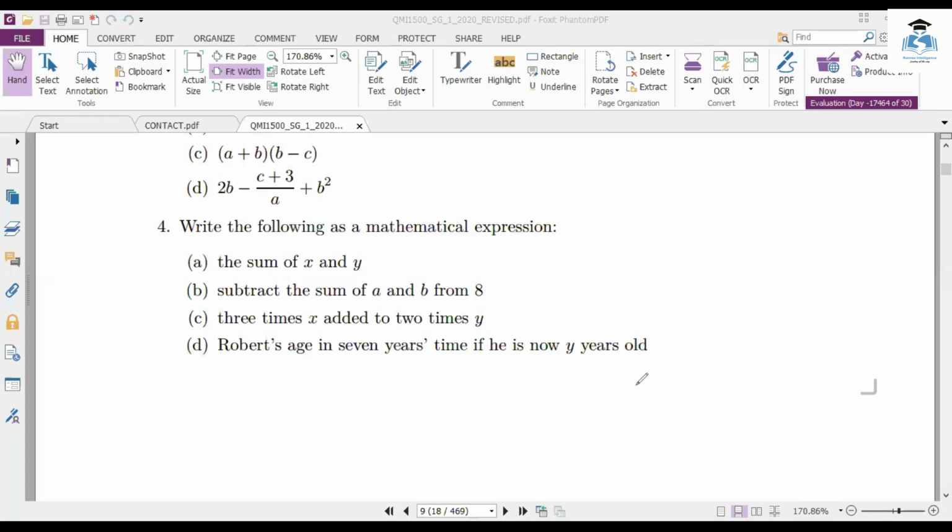But it's 7 multiplied by y. 7 multiplied by Y. Yes, the answer is 7y.